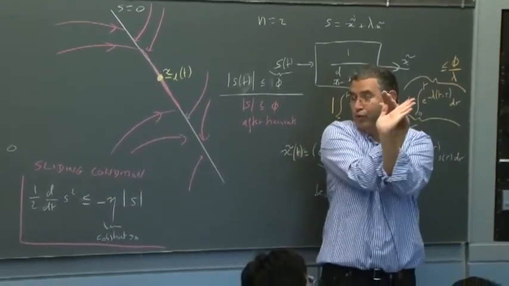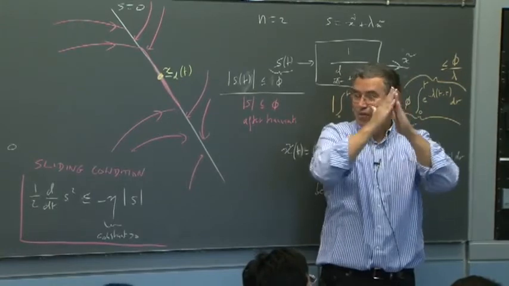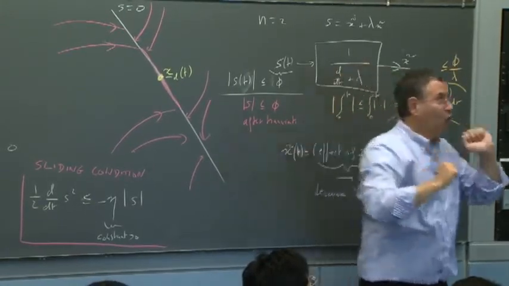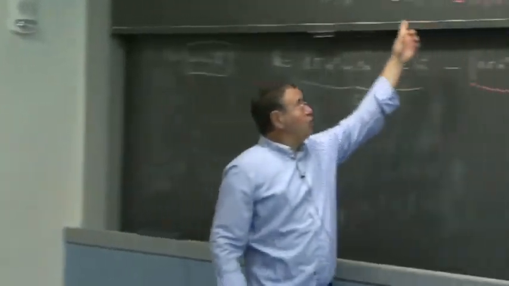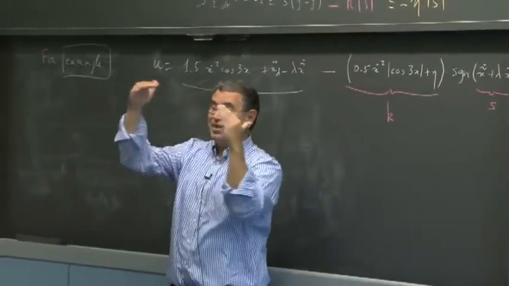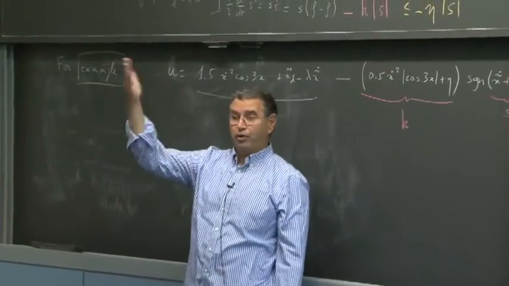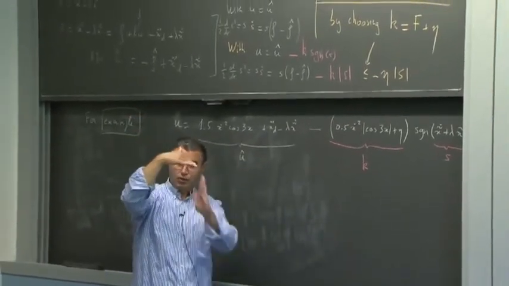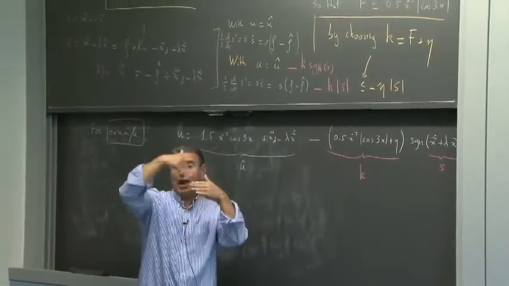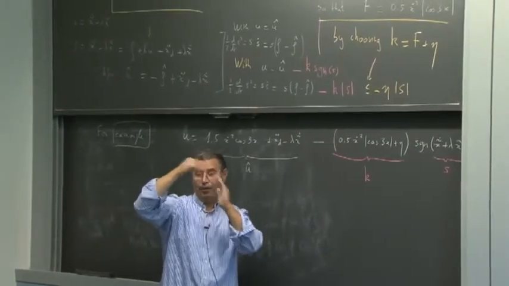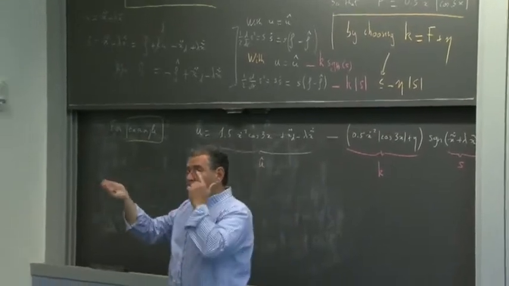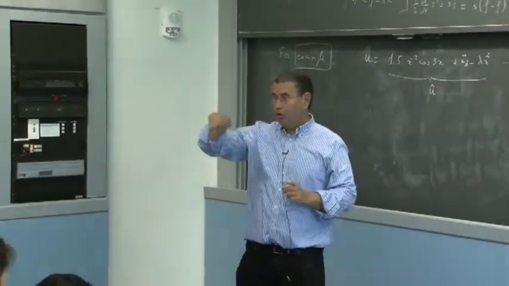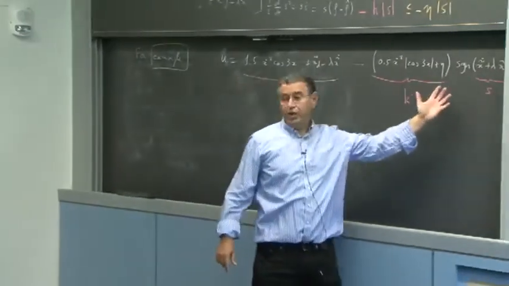Because if they move, then they would do this. So they need to be like this, pointing towards each other. Which means precisely you need a term like this, minus k sine of s, a discontinuous term around the surface, which says, on one side of the surface the arrows point like this, on the other side like that, so as to give it some slack. So the reason it works is that you have this discontinuous control law around the surface, which you see in this k sine of s term.